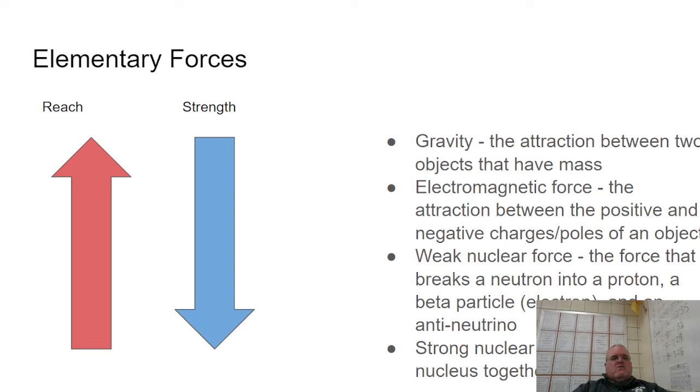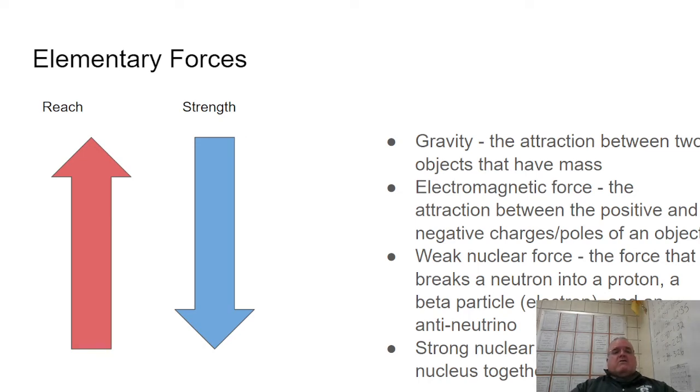The nuclear force holds the nucleus together, because if you remember right, in electromagnetic forces, like charges repel each other. So how does a nucleus stay together, when you have a bunch of positive charges in the nucleus? The strong nuclear force is what holds those positive charges together.